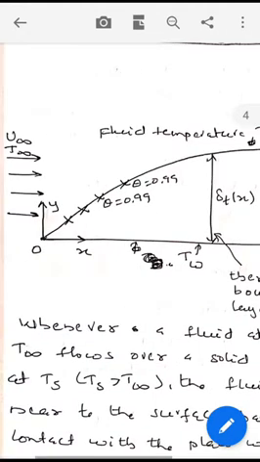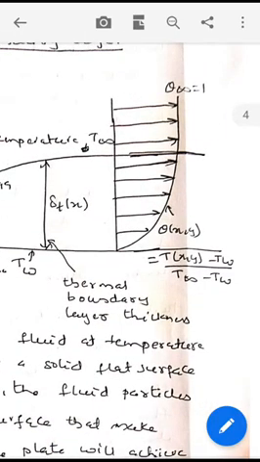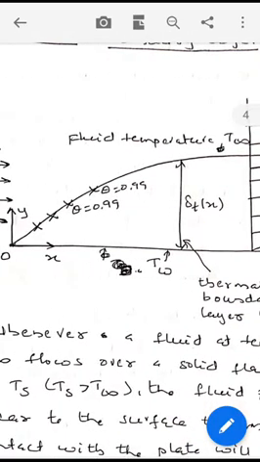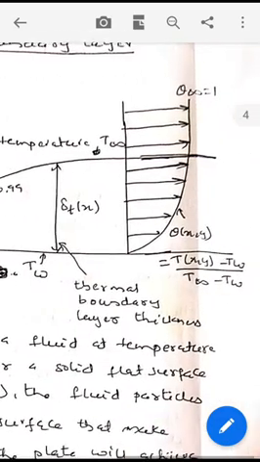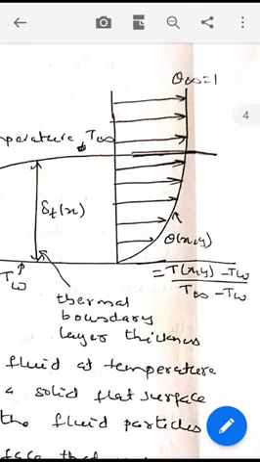The locus of all such points where theta equal to 0.99 is called the thermal boundary layer. The temperature profile in the thermal boundary layer is also shown here. It is also a function of both x and y.